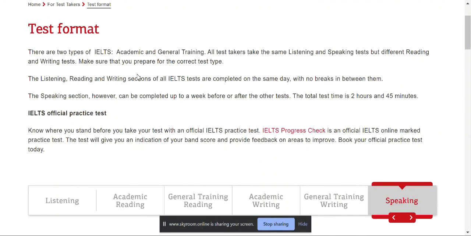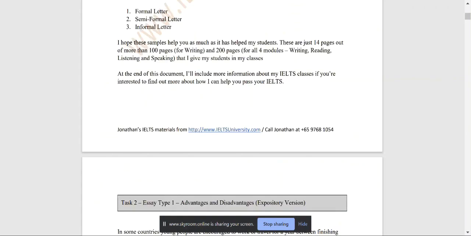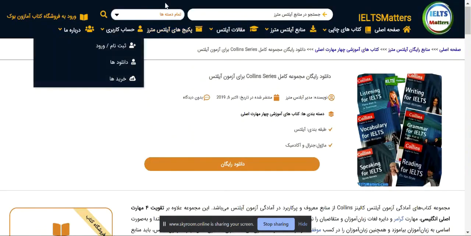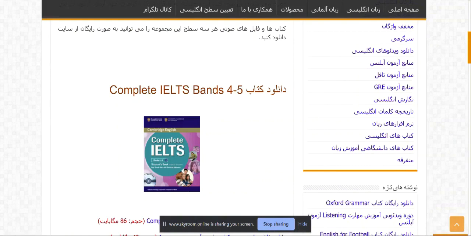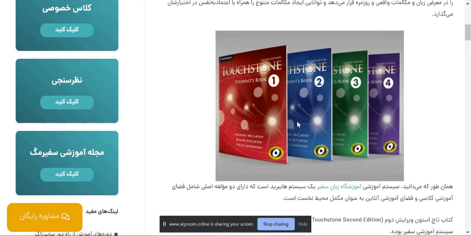Okay, let's go for the resources. For any exam, any English exam, any general exam, you have to follow and complete a basic general book. What I suggest is the Touchstone, completely in advanced level, for adults.